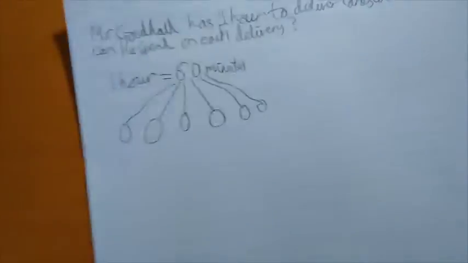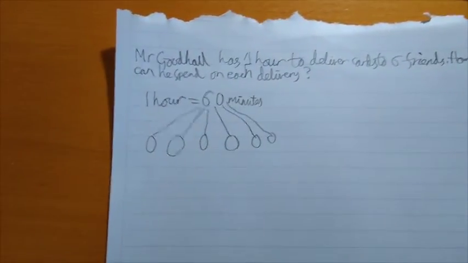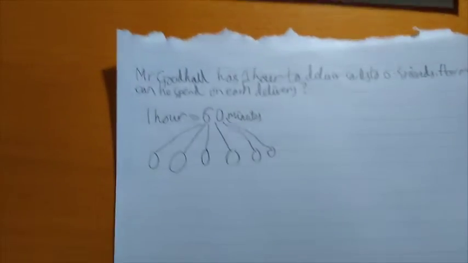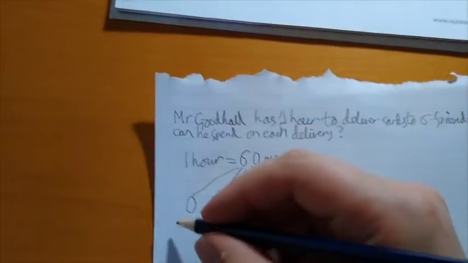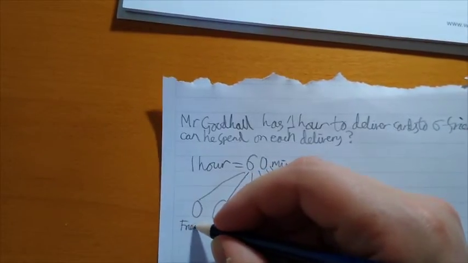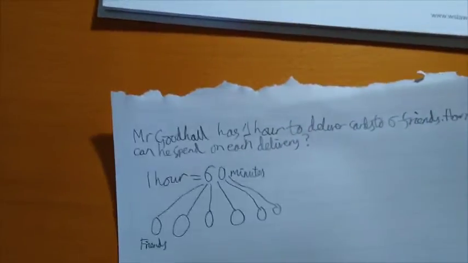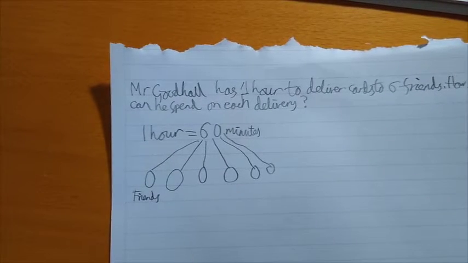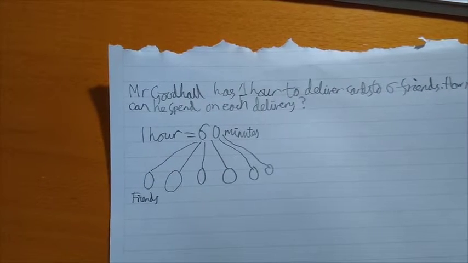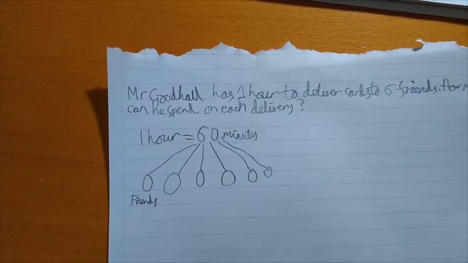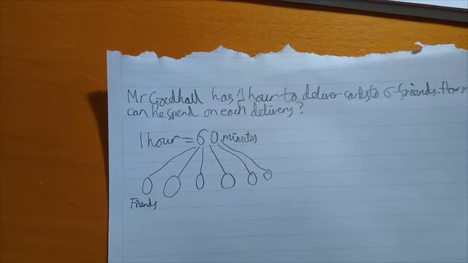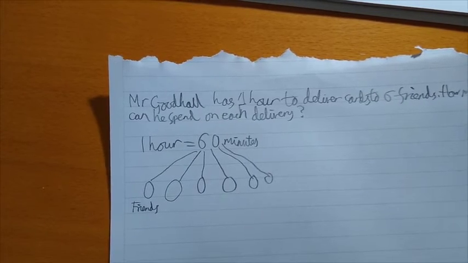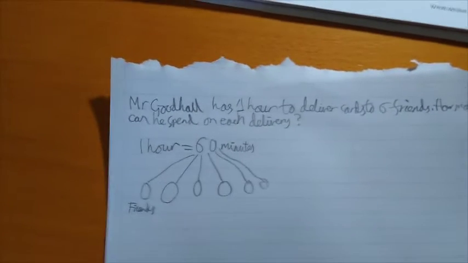So here I'm using bubbles, just like I did for the hours, but instead of hours, they are representing friends. So I'd like you to put a dot representing 10 minutes in each bubble until you run out of dots. So there should be no more than 60 minutes. So see if you can have a go.